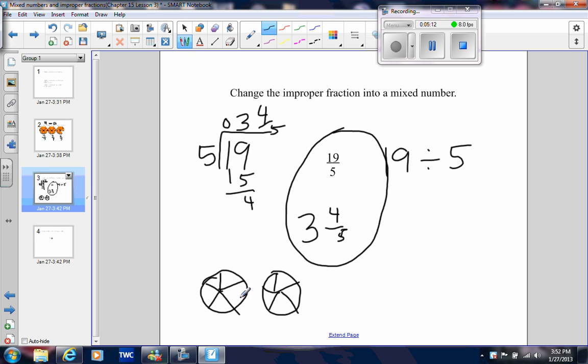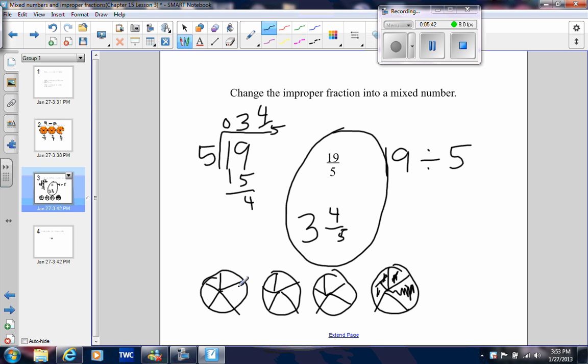So far that's 5/5 and 10/5. There's another, so that's 5/5, 10/5, 15/5. Getting closer here now, this one. We have 16, 17, 18, 19/5.